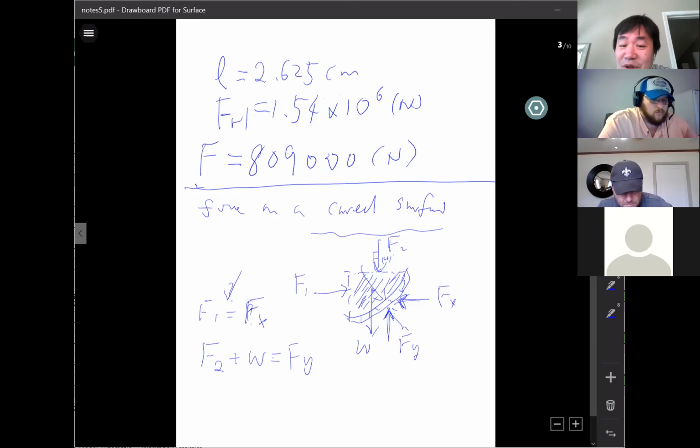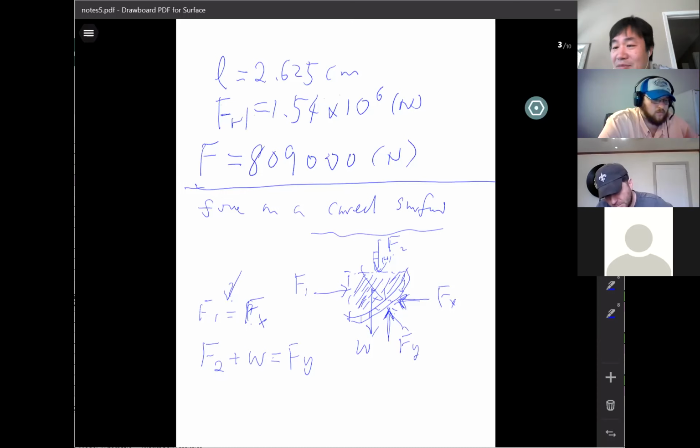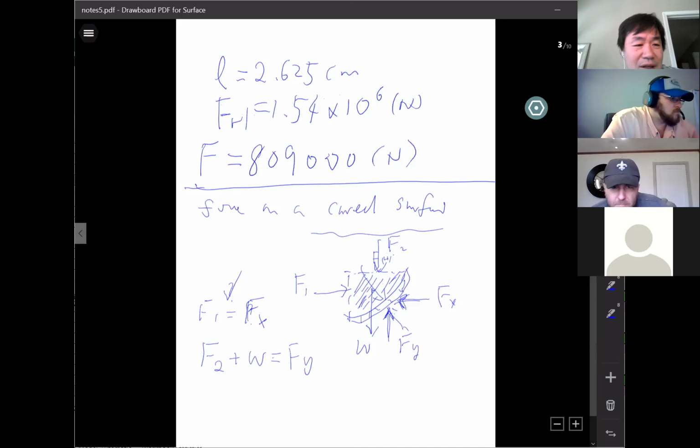Can you find W? Well, W is problem dependent. It needs gamma, rho g, times the volume. Gamma times the volume is weight. So if you want to find the weight, find the volume. You need a little geometry to find the volume of this thing.